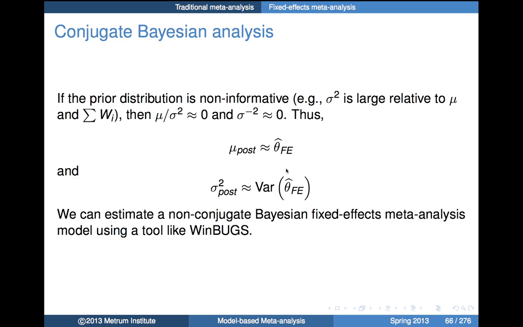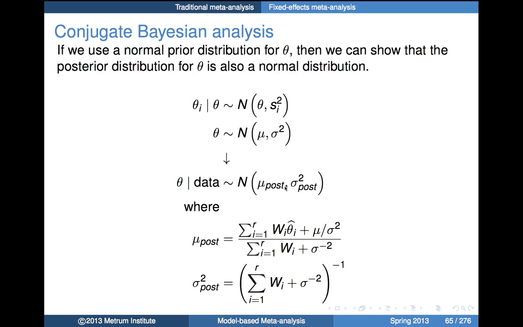The posterior mean will be roughly equivalent to the fixed effects maximum likelihood estimator, and the posterior variance will be essentially equivalent to the formula we had for the variance of the fixed effects estimator before.